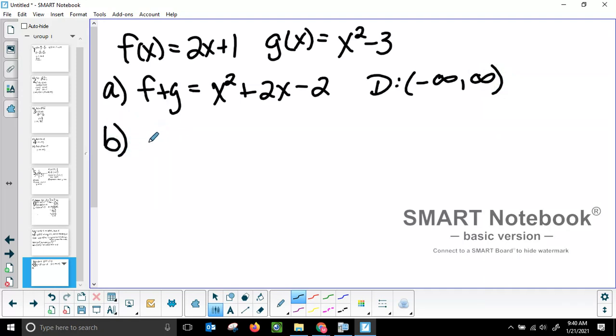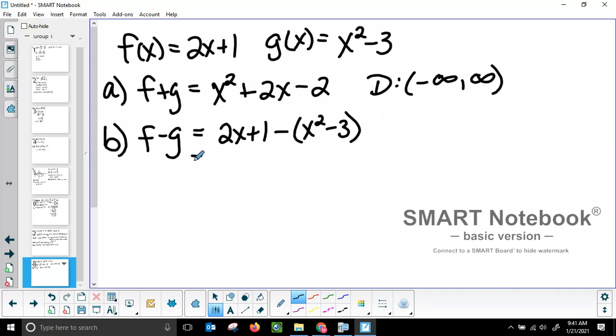B, f minus g. So for f minus g, we do have to be a little bit careful here that you put this whole thing in parentheses because we have to distribute that negative to both. A lot of people just subtract the x squared and then still subtract 3, but if you're subtracting a negative 3, you're really adding.